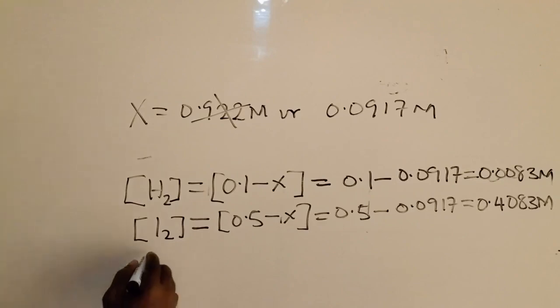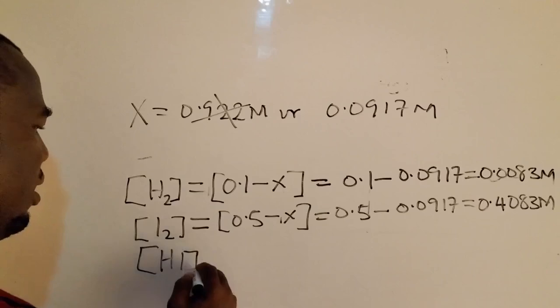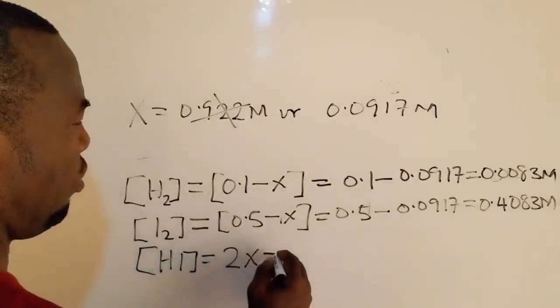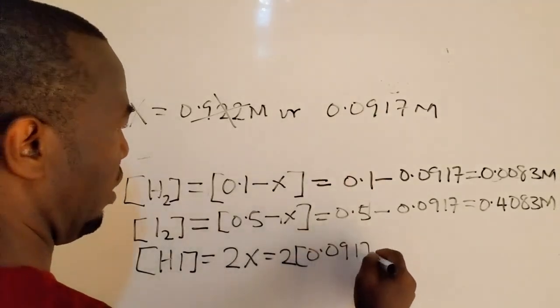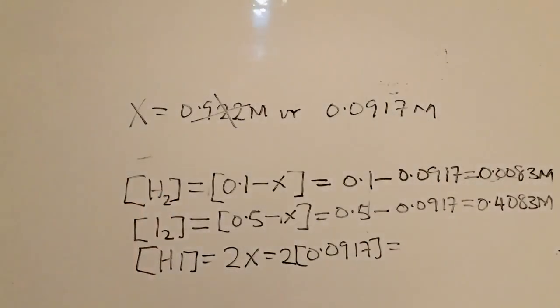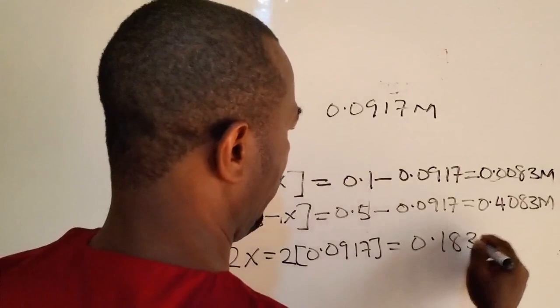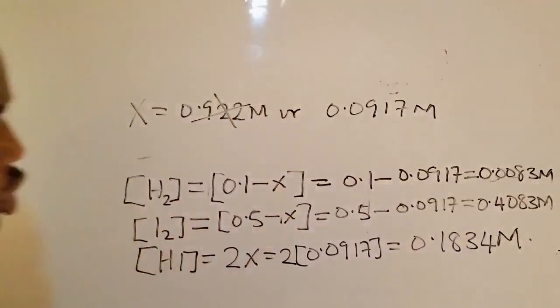Then the concentration of hydrogen iodide from our ICE table is 2S, which is 2 times the value of S, which is 0.0917. Multiplying, I get 2 times 0.0917, which is 0.1834 mole per dm cube. So these are our final answers.